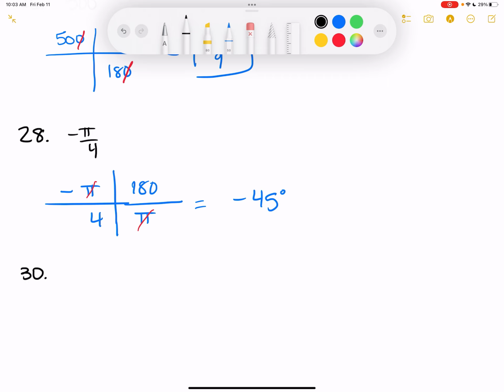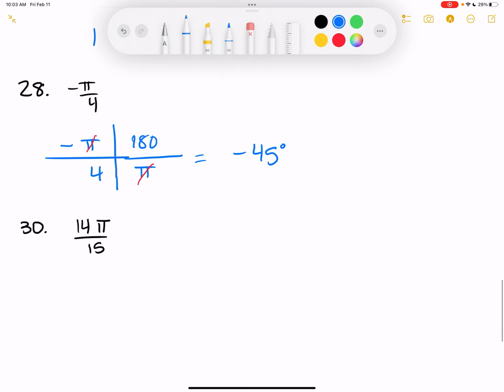All right, 30. 14 pi over 15 times 180 over pi. Cancel the pi, so the pi's are gone.